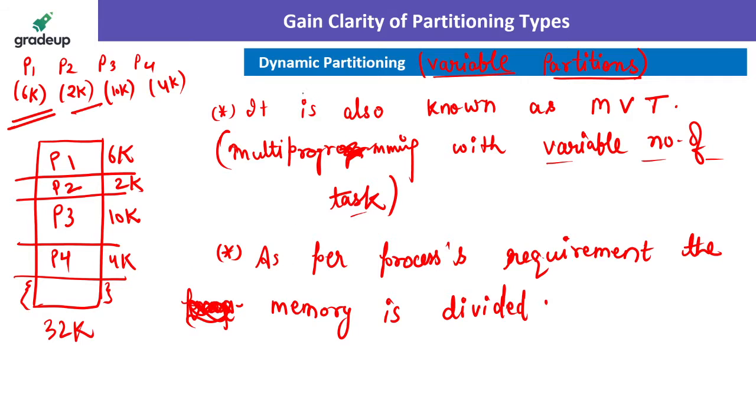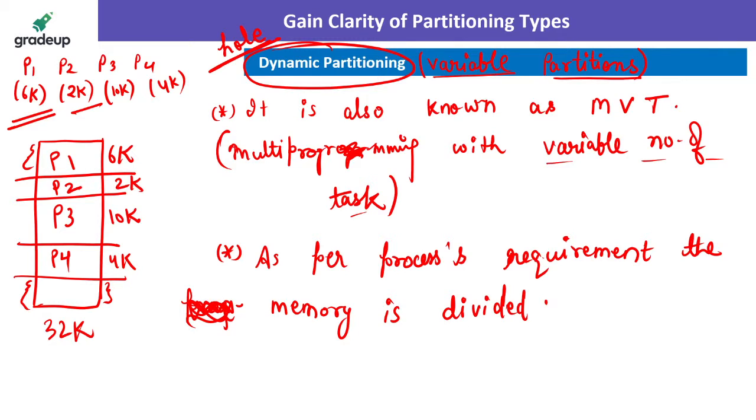And this is not called a block. In dynamic or variable partitioning we call it a hole, whereas in fixed partitioning we call it a block.